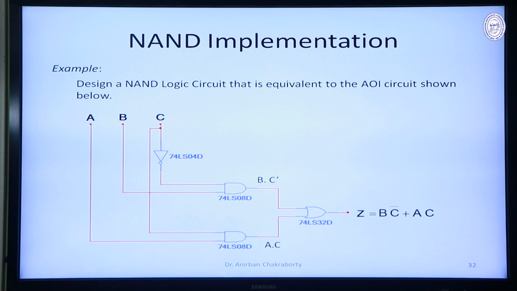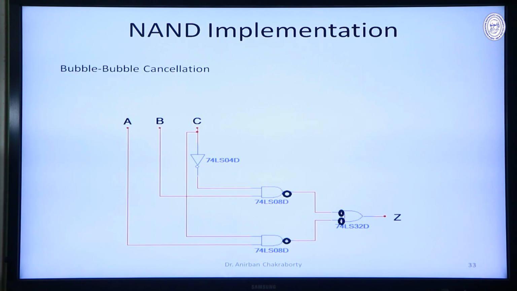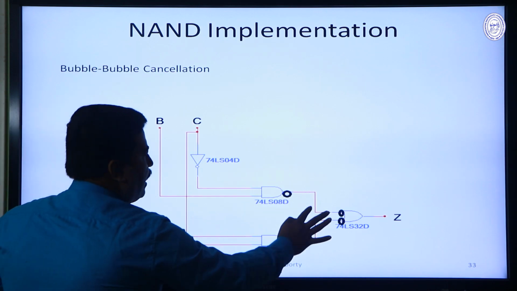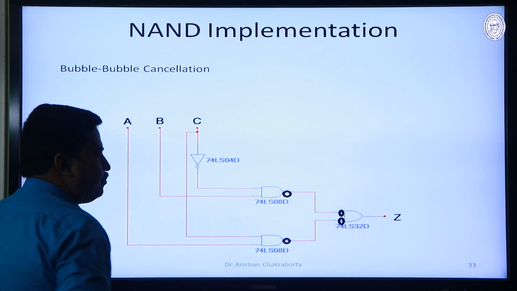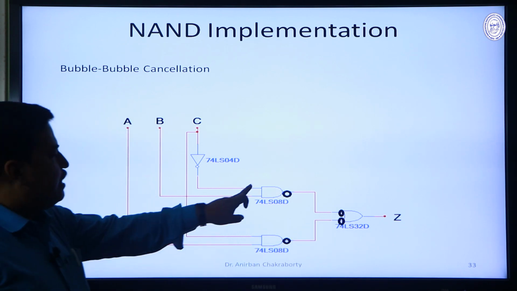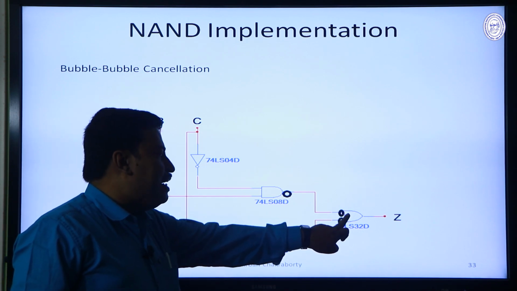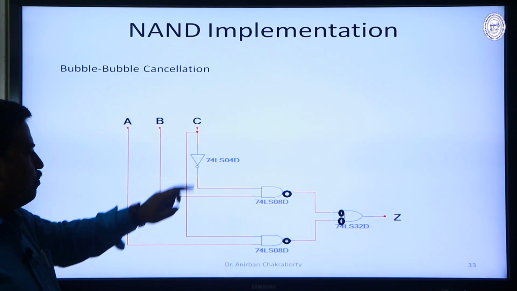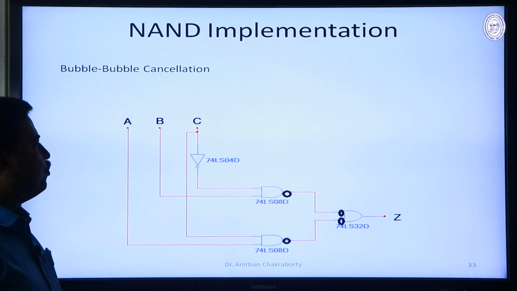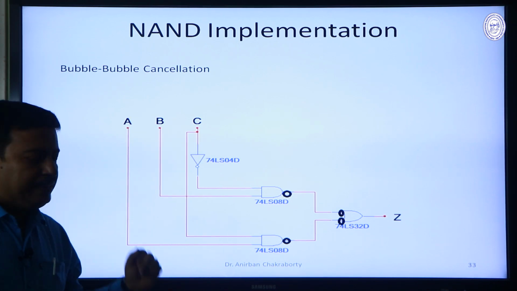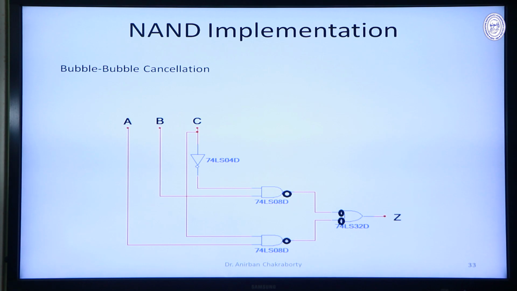So what would I do? I have applied the bubble cancellation law here and here. So what's there? It is NAND. Bubbled OR means again NAND, and NOT means a single input NAND gate. So finally I have achieved everything using NAND gates.